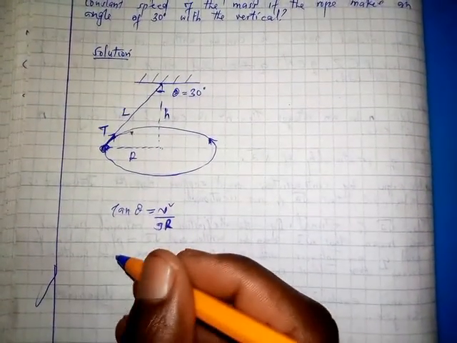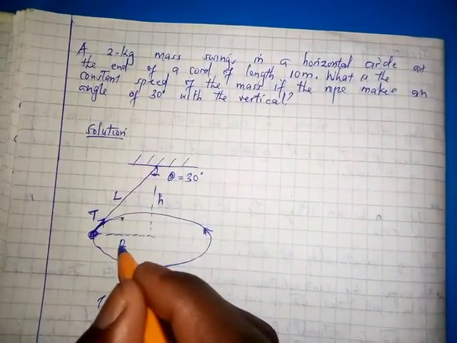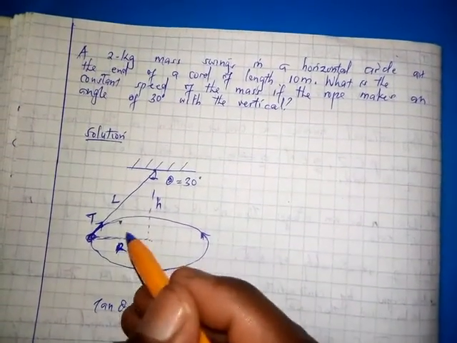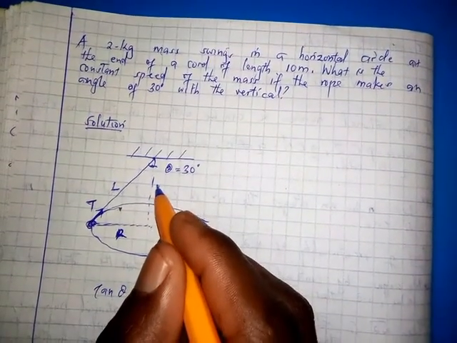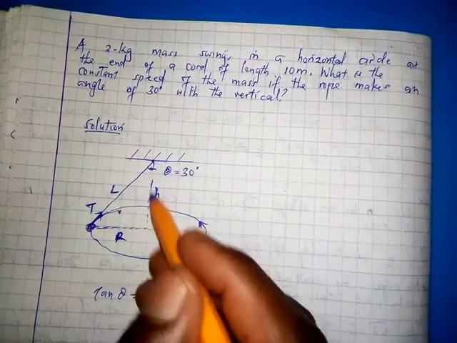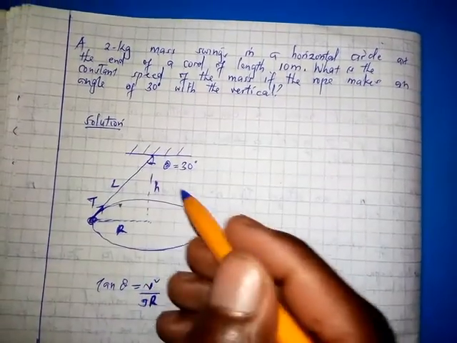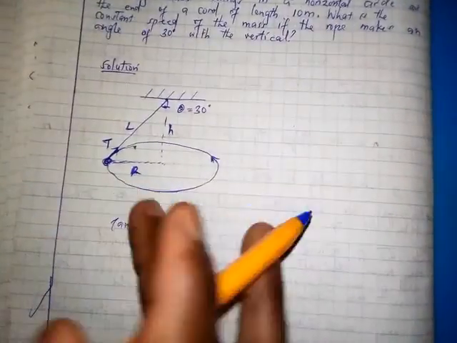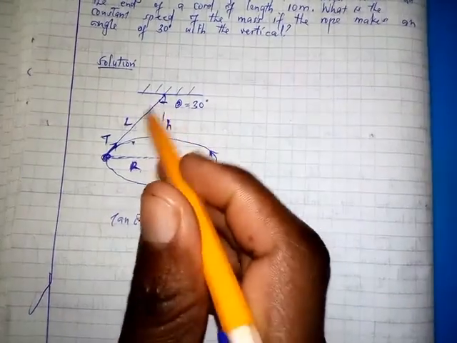So we need to find r. This is the radius r, and from this sketch or diagram, we have theta, we have L, so we can see it's a kind of right angle triangle, so we can use SOH CAH TOA, where I use sine theta is equal to opposite over hypotenuse.